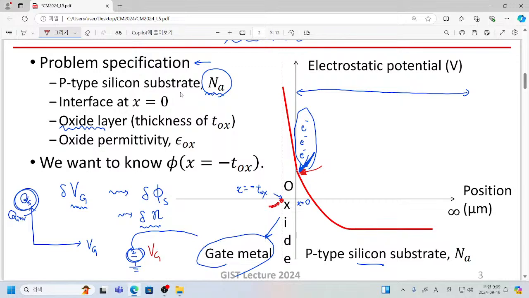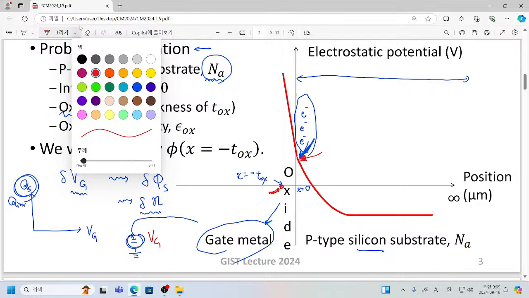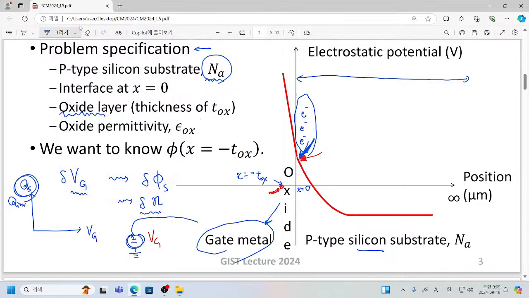what will happen to your surface potential. That is the thing we wanted to do. In order to perform this kind of analysis, we need to introduce the permittivity. Oxide permittivity is written as epsilon ox.